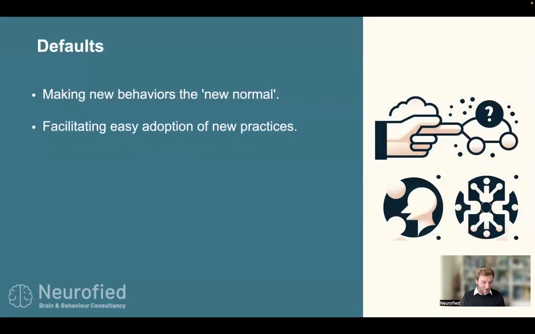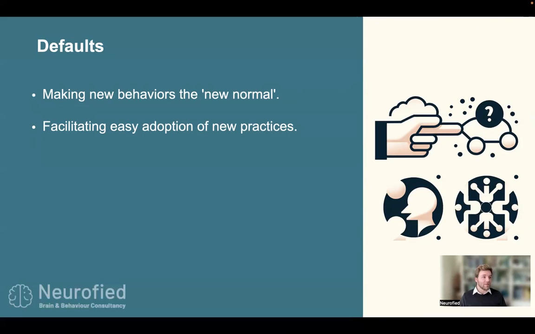Defaults. You might have heard about default options in computer science and behavioral science. It's also an incredibly powerful strategy that you can use to change behavior. So in the context of organizational change communication, you could use defaults by describing the new behaviors that you want to see, the behaviors that you want to see changed, so the future behaviors, the desired behaviors, and describe them as the new normal.